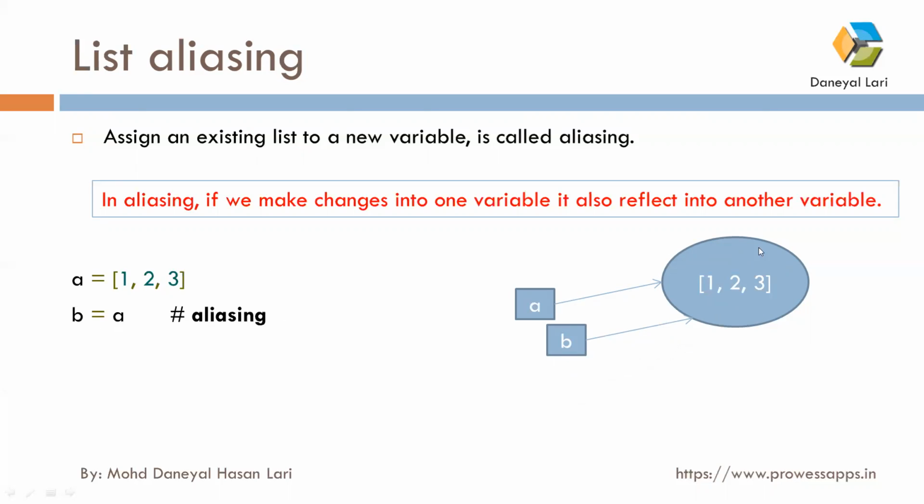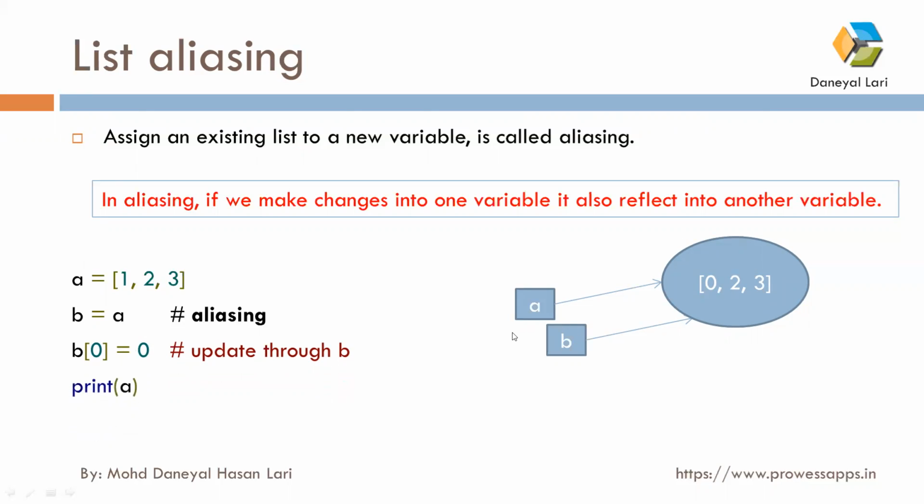It means I have one object with two names. If we perform any operation using either a or b, that operation will reflect changes in this object only. Now suppose I write b[0] = 0. After this statement, your list will look like this: 0, 2, 3. Whether I access it through a or through b, I'll get the answer 0, 2, 3.